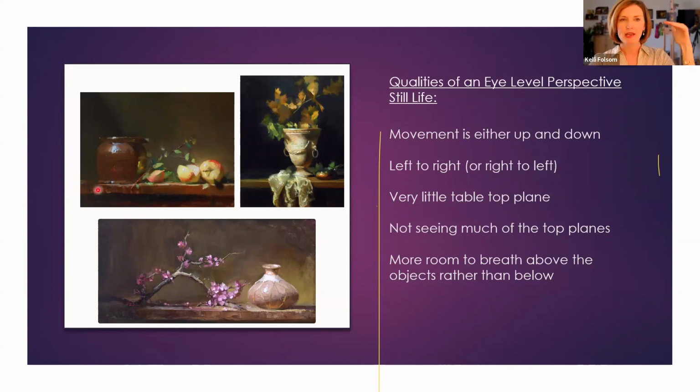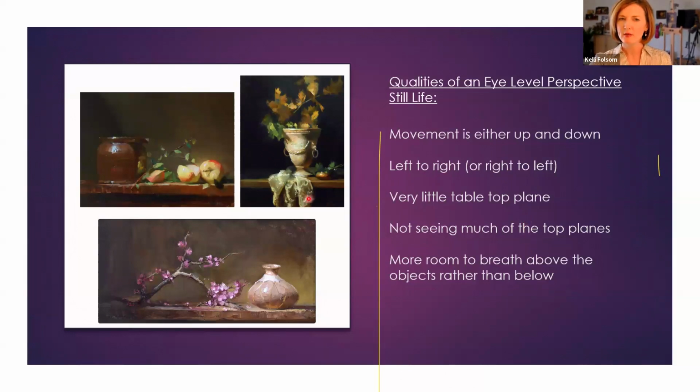So the more at eye level it is, the less of the tabletop you're going to see in a still life. This has a very bold, graphic, grab-you quality to it, much more than the depth still life.